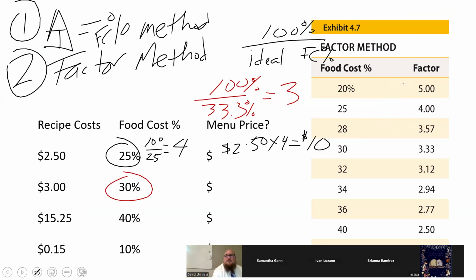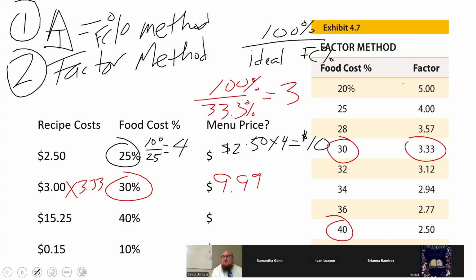So if we want a 30% food cost, here's our 30%. We're going to multiply by 3.33. That's my factor. Okay. So if I multiply 3 times 3.33, what do I get? What's 3 times 3? 9. So $9.99. Okay. If my factor is 4, my food cost percentage is 40.